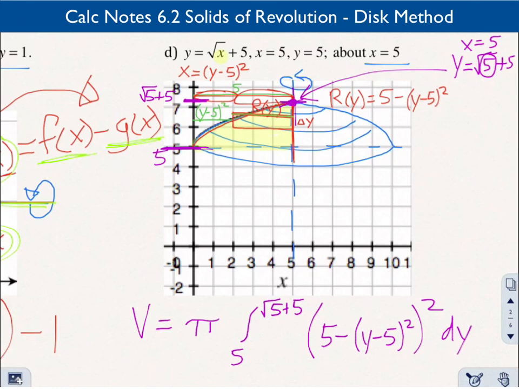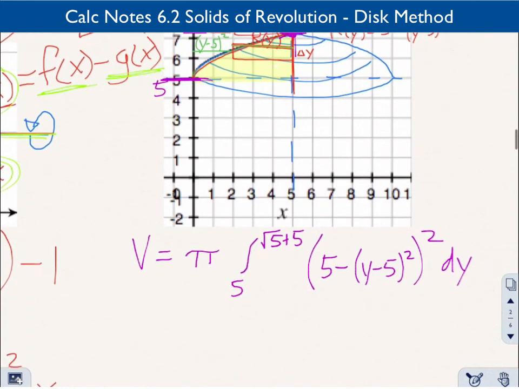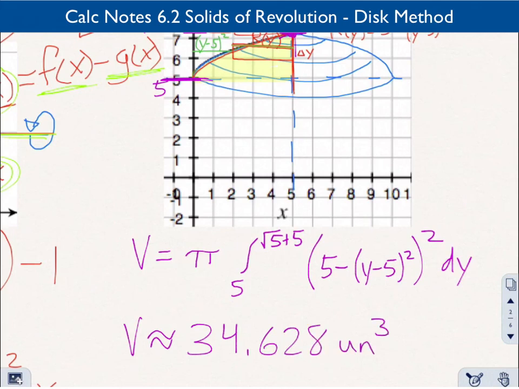And we'll go ahead and just plug that into our calculator. And our volume will be approximately 34.628 cubic units.